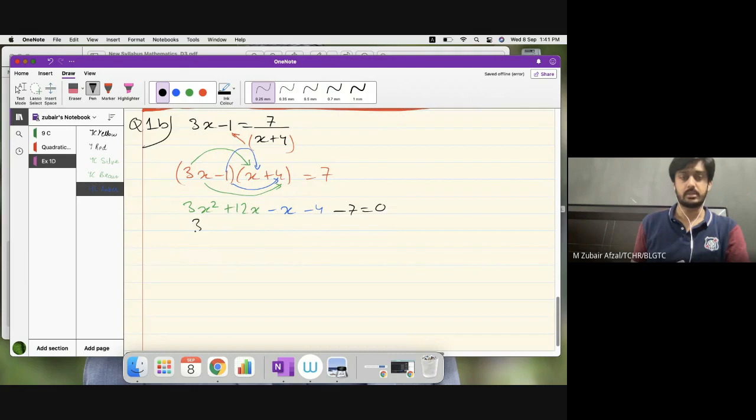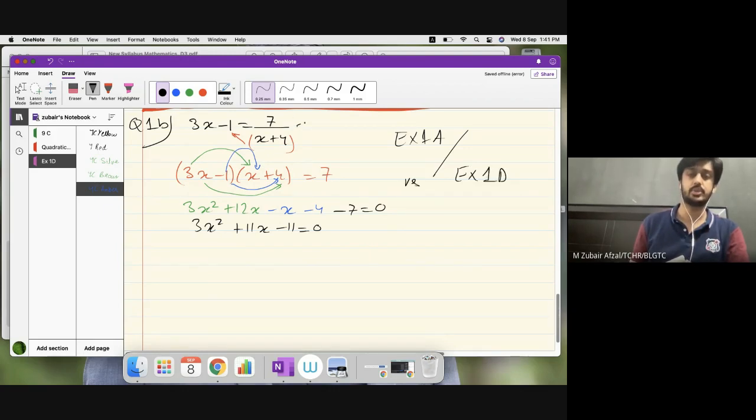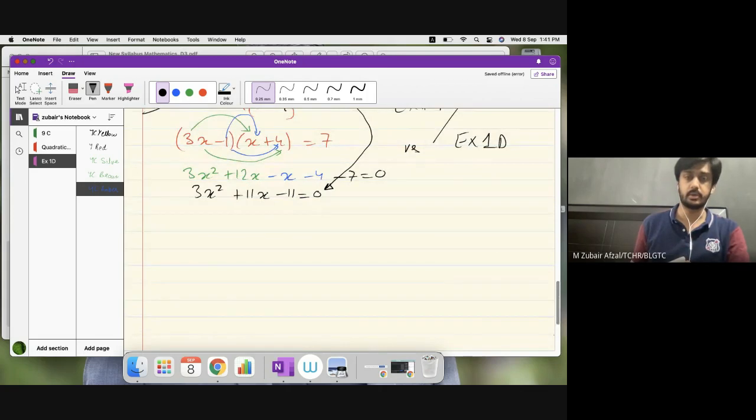Now this is 3x square plus 11x minus 11 equals 0. The only difference between exercise 1a and exercise 1d is that you are converting the equation into quadratic form and then completing it.